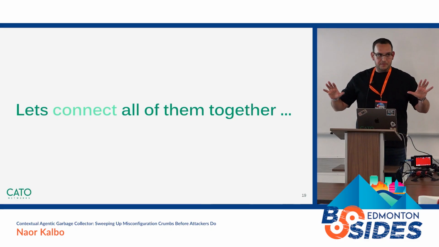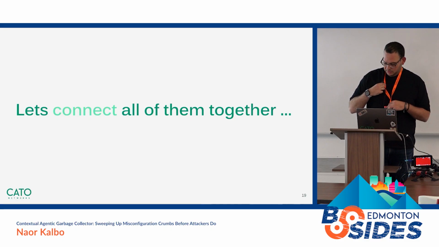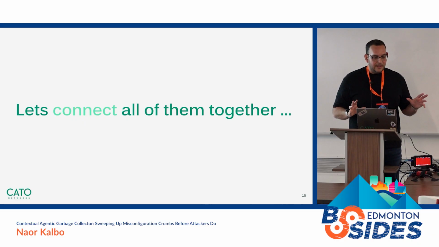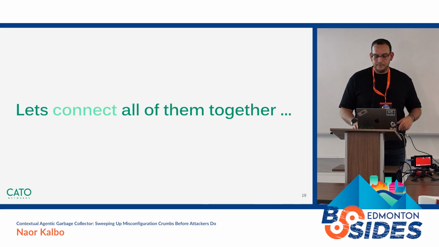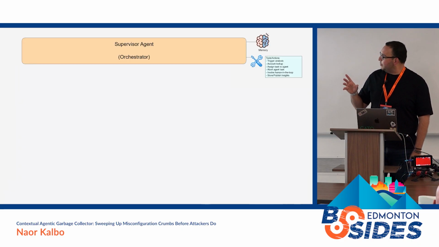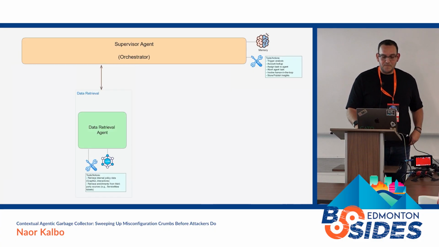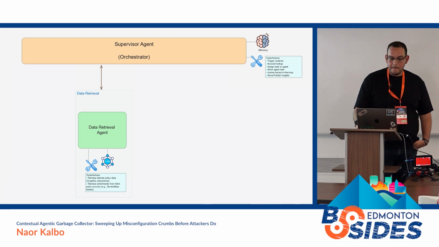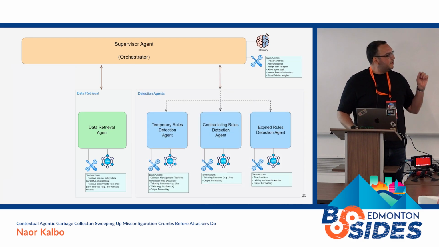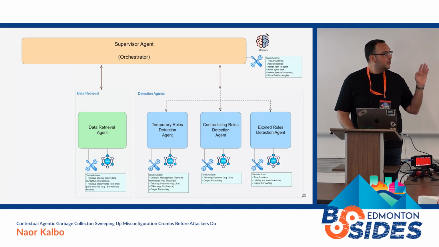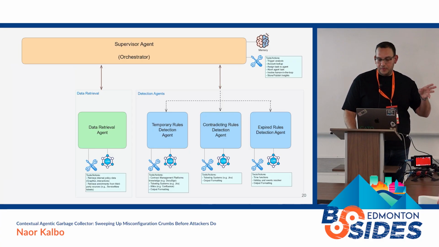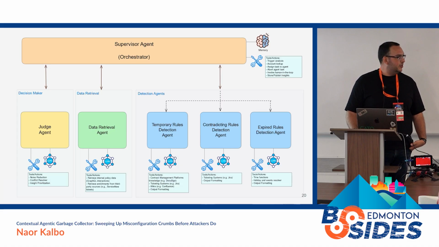So after we saw all the building blocks, let's connect them all together. We do have the supervisor, we do have the data retrieval agent. We have the detection agents. In this specific case, you can see there are 3 detection agents, and we do have the judge agent. And now, let's see how it all plays together.